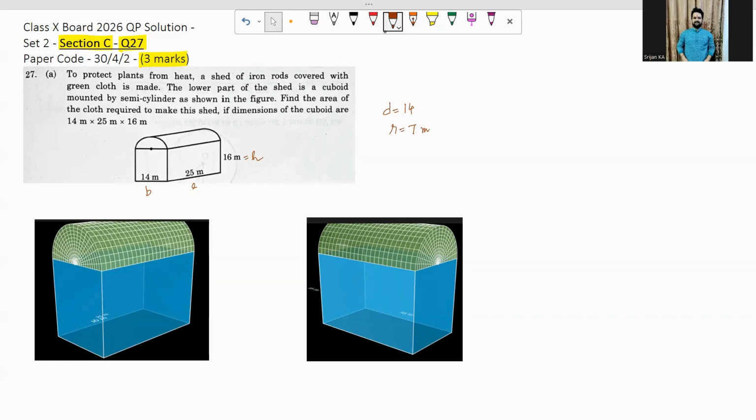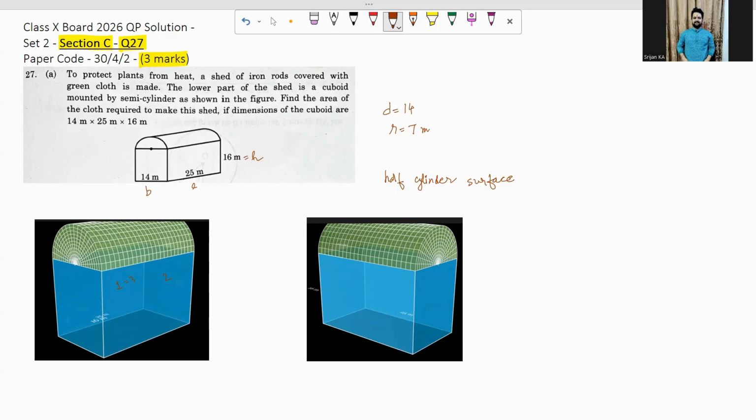So there is a half cylinder surface that is involved, right? And there are 4 cuboid walls that are involved. Those 4 cuboid walls are really easy. 1, 2, and the front, which is visible, I'll write as 3.